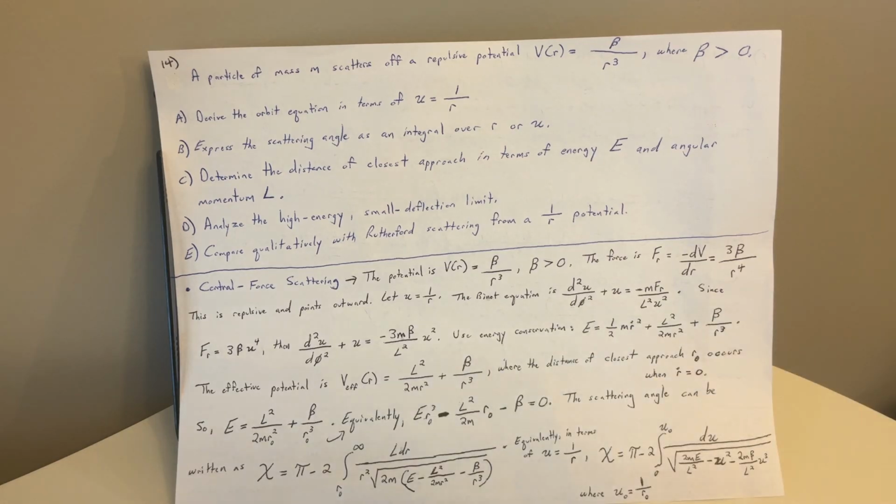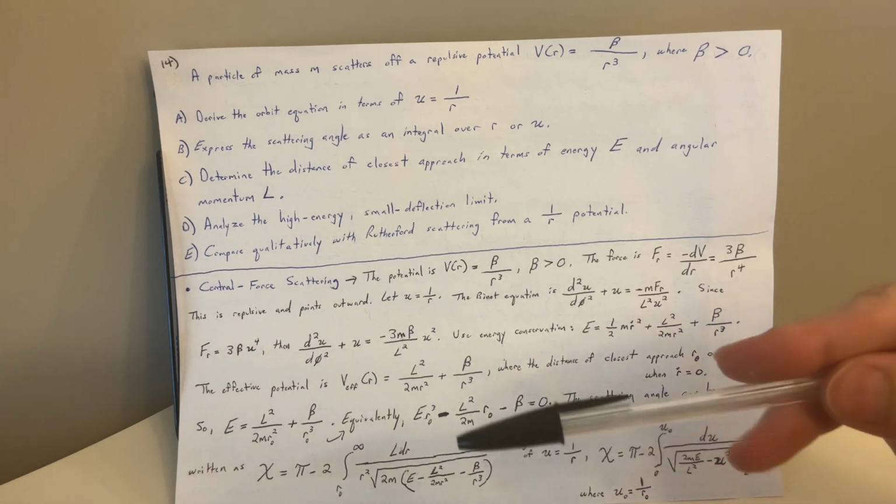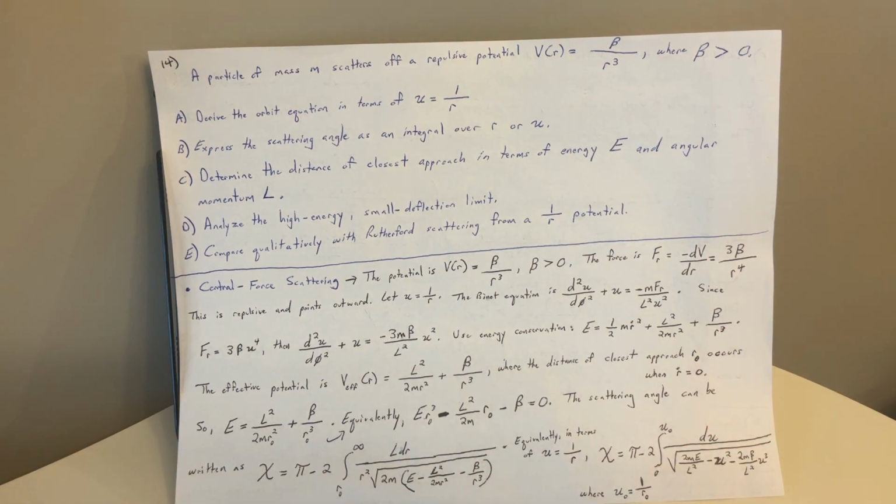So E equals L squared over 2m r naught squared plus beta over r naught cubed, and equivalently E r naught cubed minus L squared over 2m r naught minus beta equals 0.